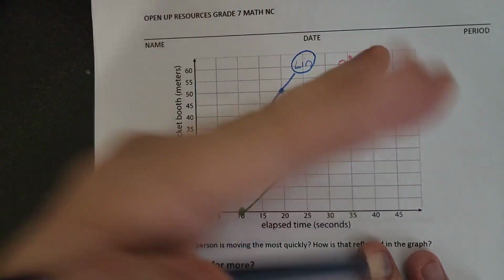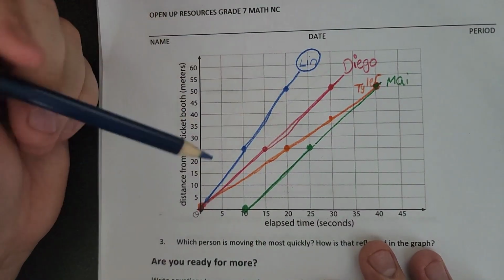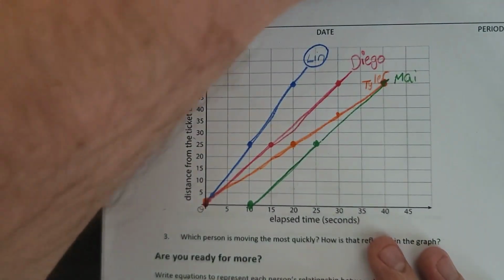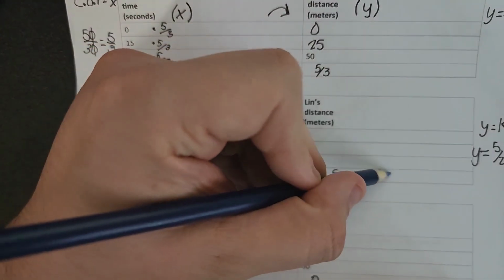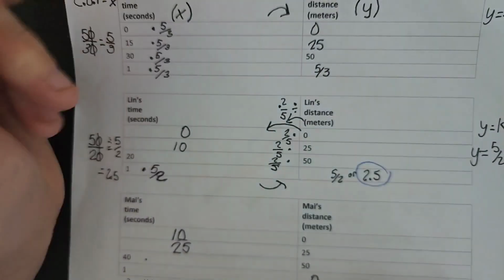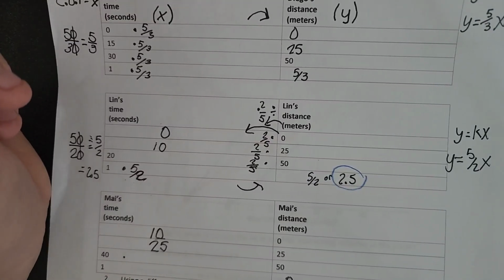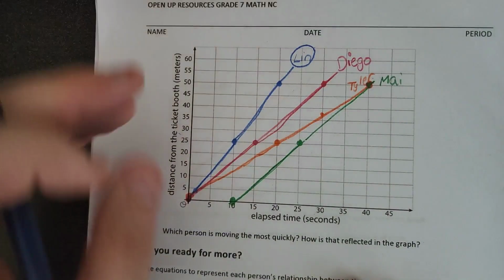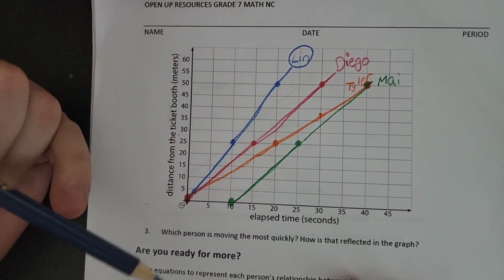A steeper line, meaning a higher line, has a higher constant of proportionality. And we can see that here. This is 2.5. What was the COP for Tyler? Yeah. So we can see that that's higher, therefore it travels more quickly. But in a graph, that means the line is more steep.